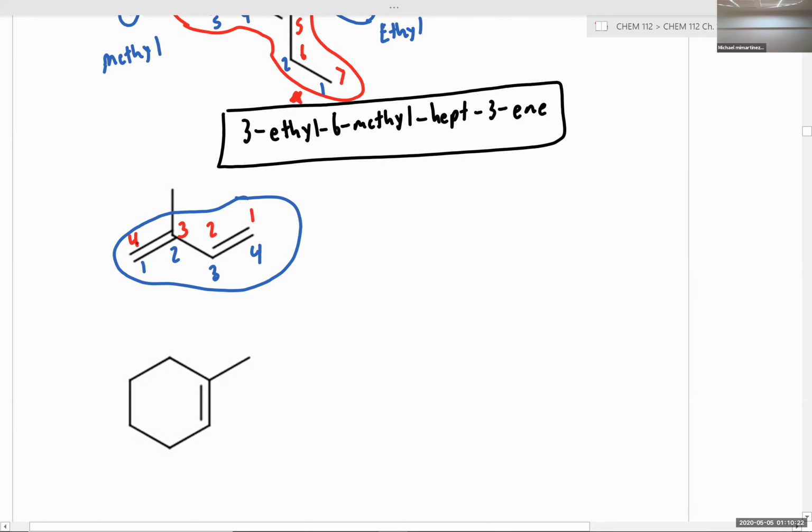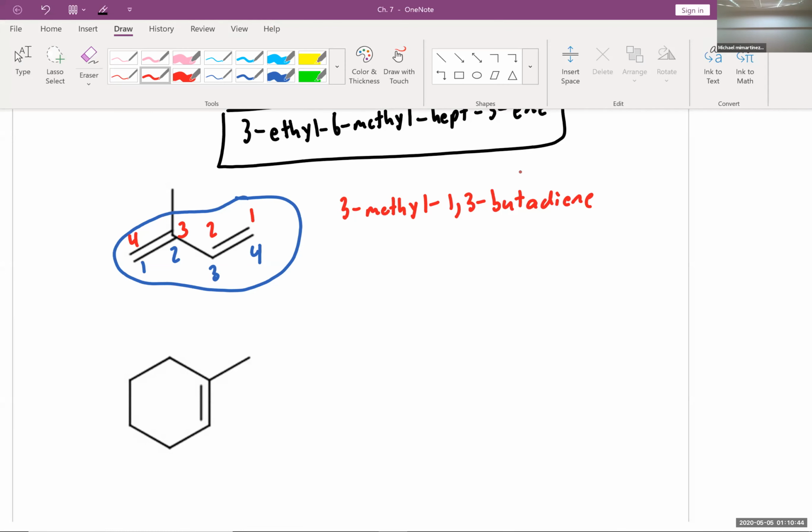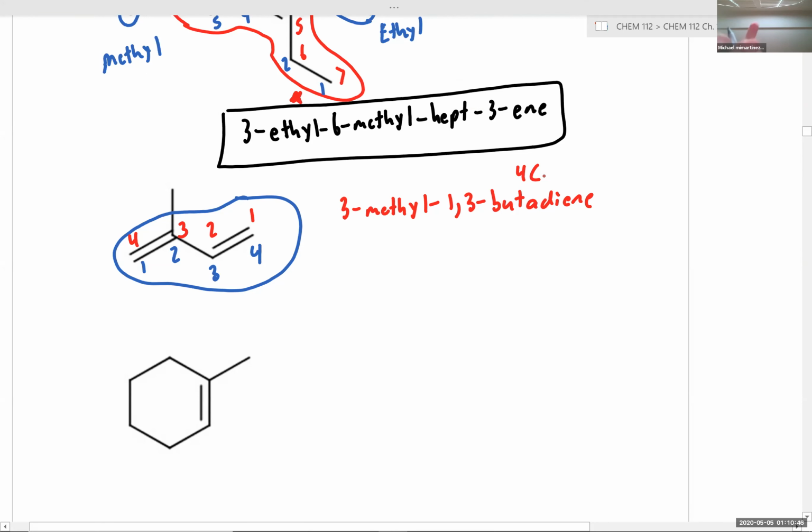Okay, so in red, we have 3-methyl, 1,3-butadiene. But, because we have 4 carbons in our chain.